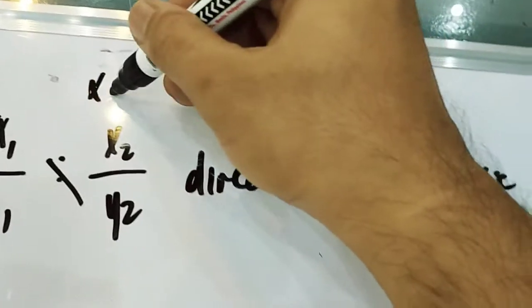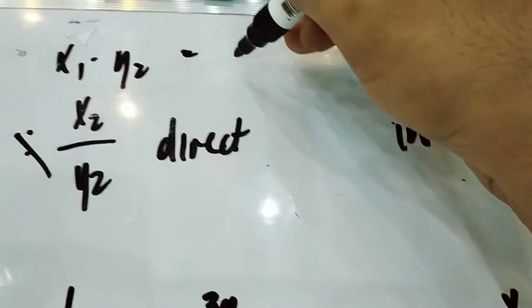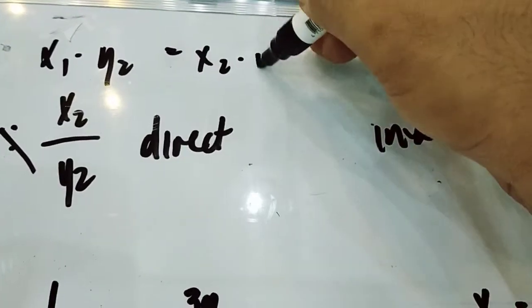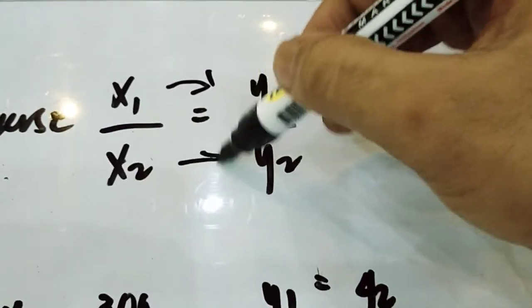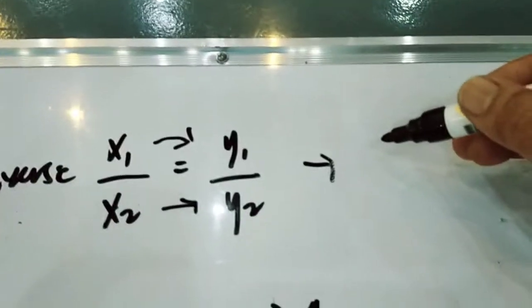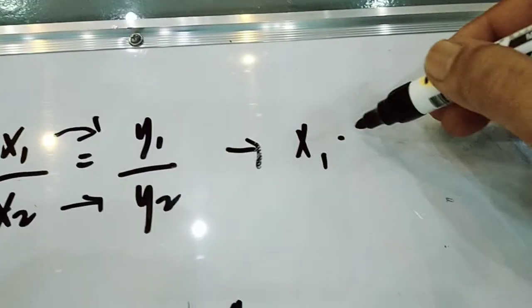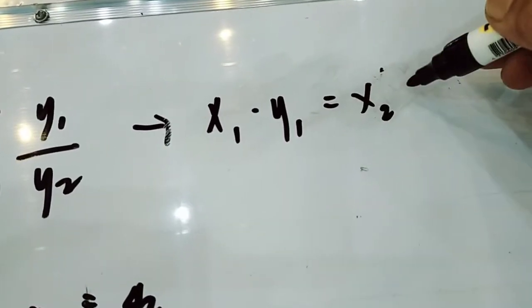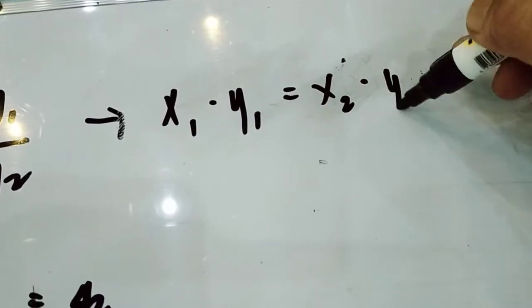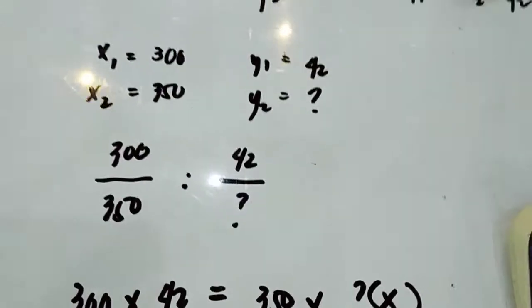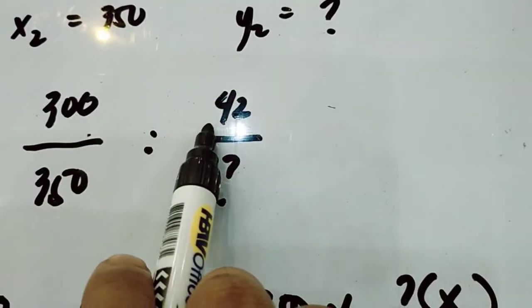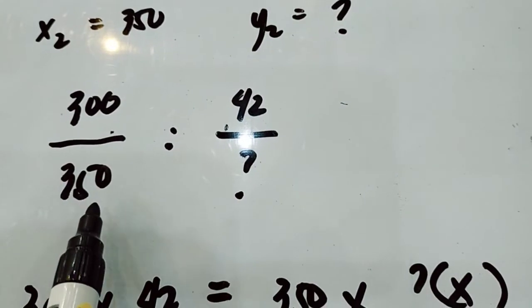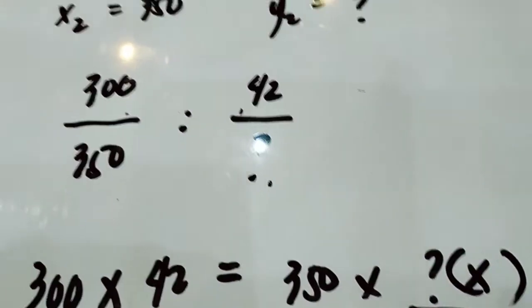You have x sub 1 times y sub 2 is equal to x sub 2 multiplied by y sub 1. For inverse, your multiplication goes straight across. So you have x sub 1 multiplied by y sub 1 is equal to x sub 2 multiplied by y sub 2. So earlier, you have your 300 times 42 over 350 times the unknown. That is the difference between direct and inverse.